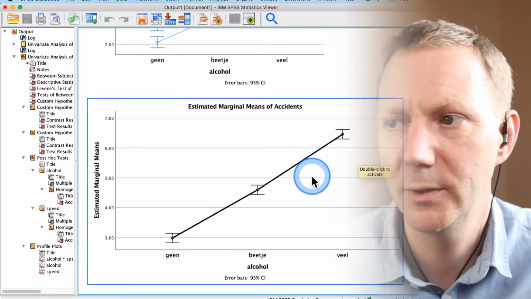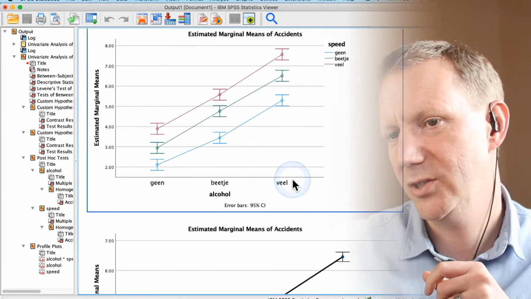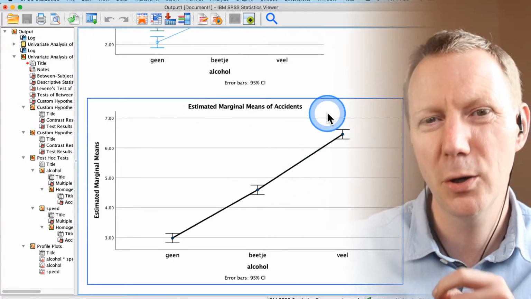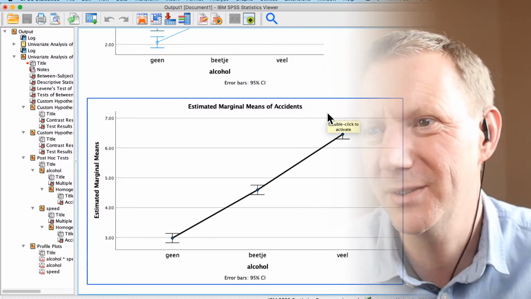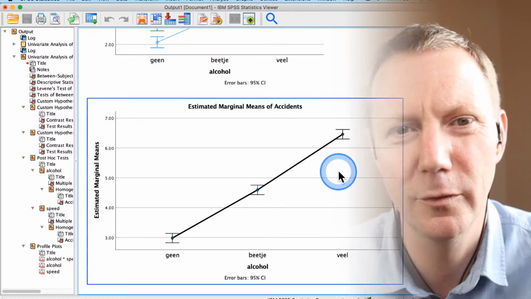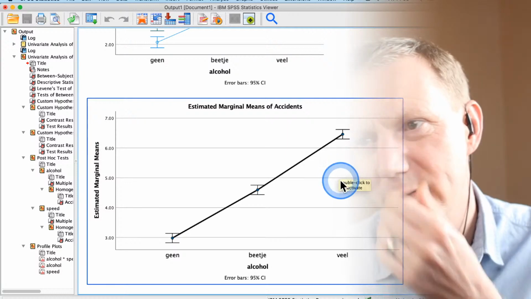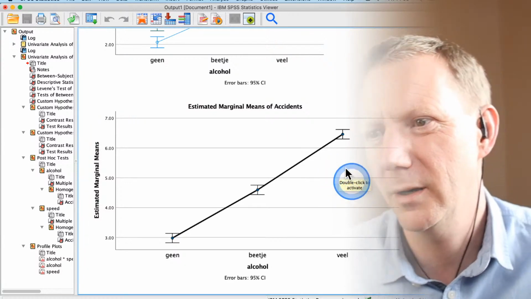Just eyeballing this will give you the same amount of information as going to the statistical testing, but here you make it visual, and it's always preferable to add some graphs to your paper to emphasize what's actually going on here.